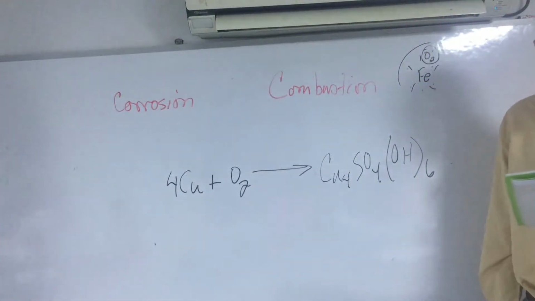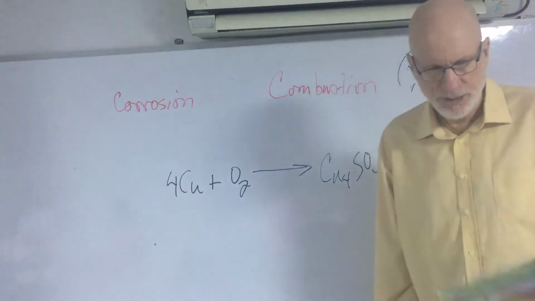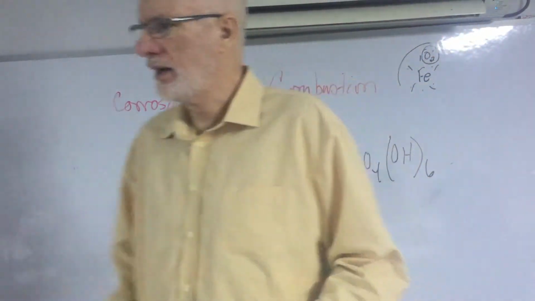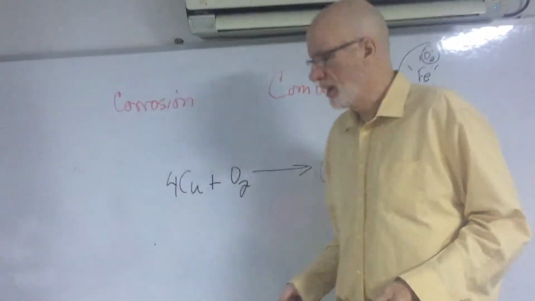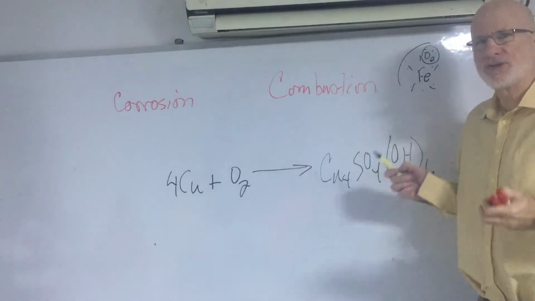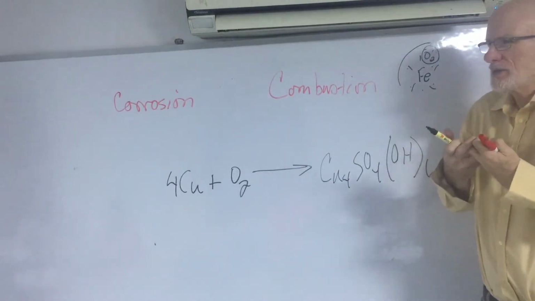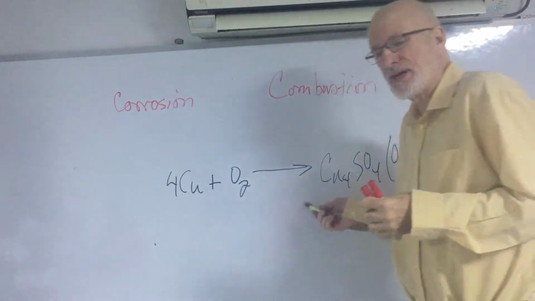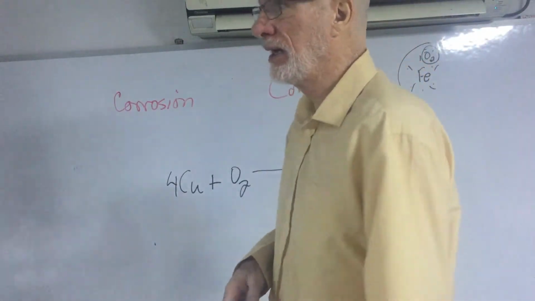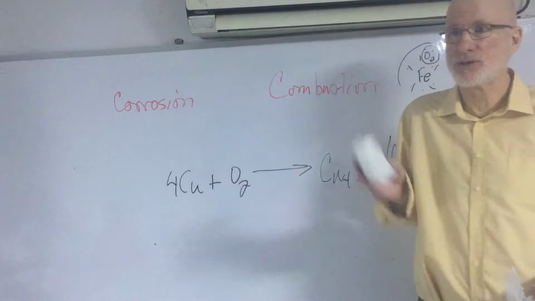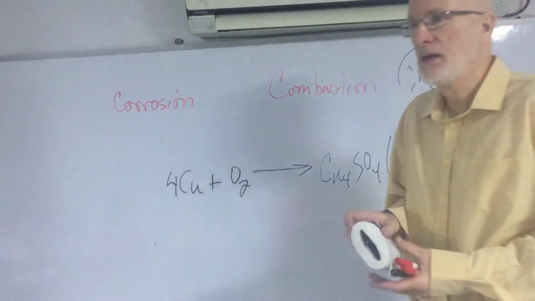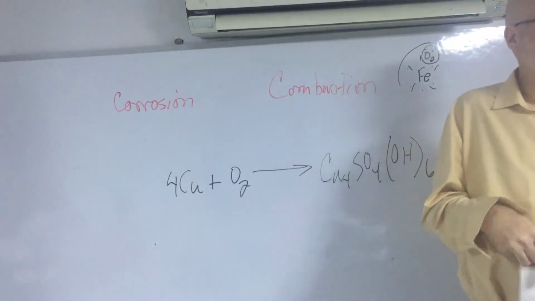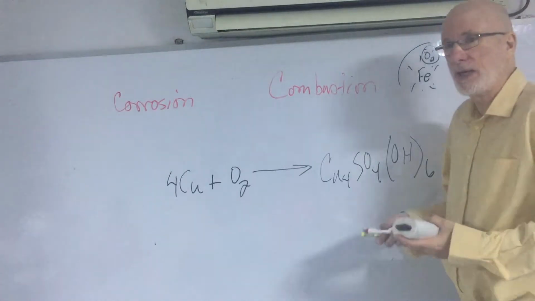But anyway, the point is that it's very complicated. But it forms this, what is the book called? The patina. The patina, and it protects it, like the Statue of Liberty in New York Harbor. Anybody ever see the Statue of Liberty in New York Harbor, or pictures of it? It's a beautiful, beautiful green.